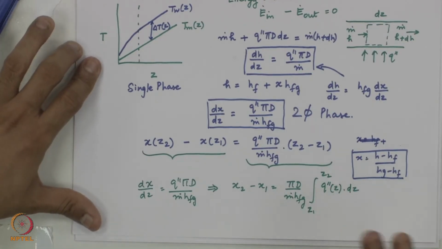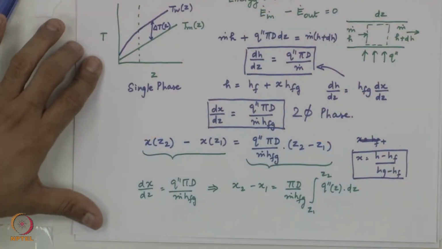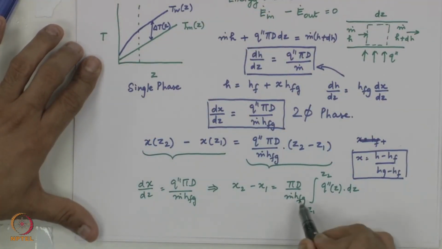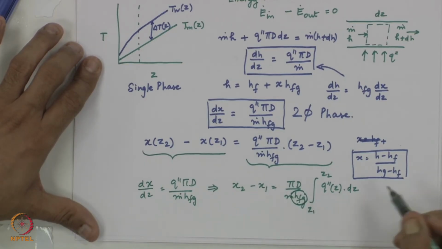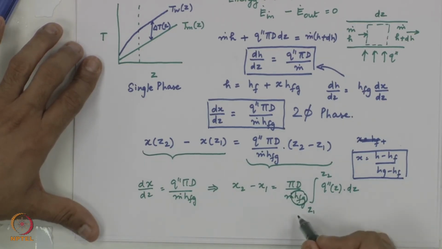So, fundamentally nothing changes. The complexity of the integration depends on the complexity of the function given. If you have variable properties, then hfg also would not come out, it will be inside the integral, and you would need an expression for the latent heat hfg as a function of z, which in turn would be a function of pressure.